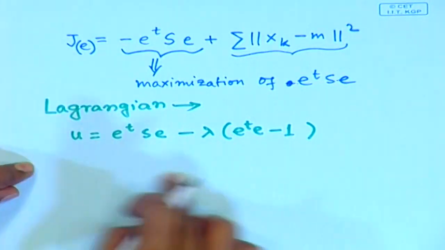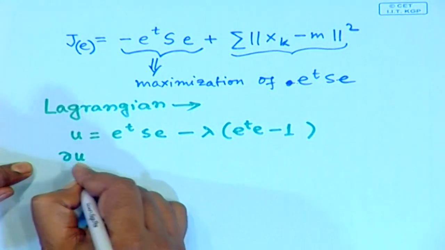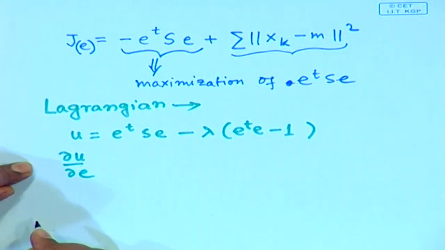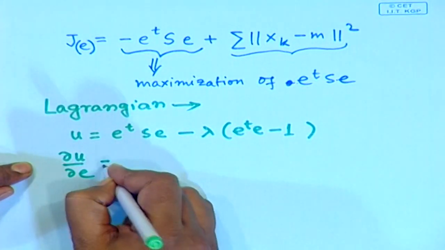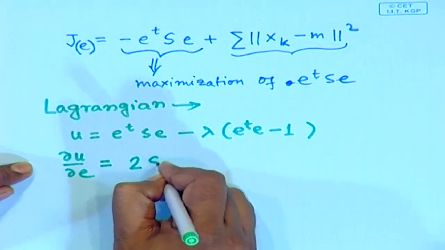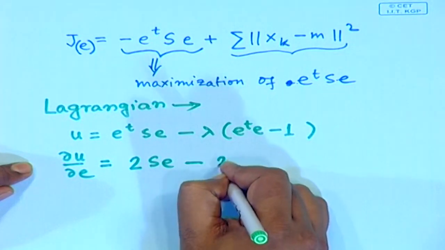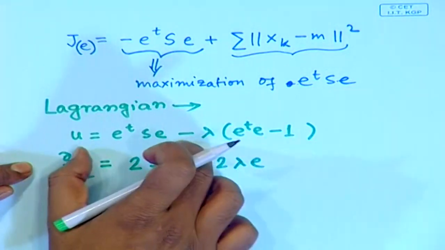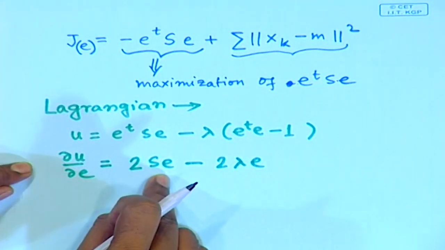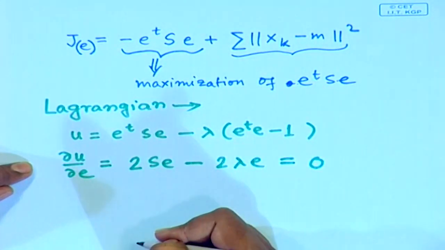Okay. So, to maximize this, I have to take the differentiation of this with respect to E. So, I have to compute del U del E, and if I compute it, I simply get the expression 2SE minus 2 lambda E. Differentiate this with respect to E, I get 2SE minus 2 lambda E. I have to equate this to 0, right.